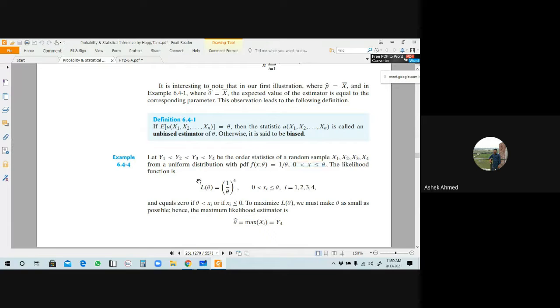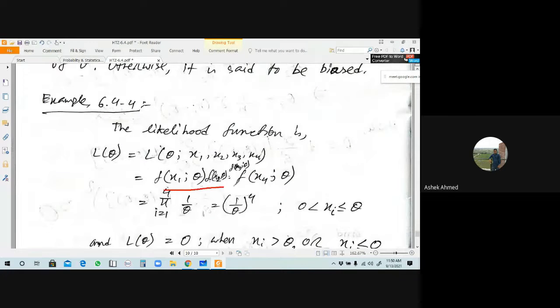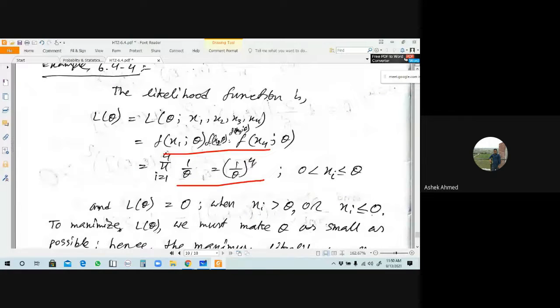For that case, the likelihood function will be of this form. I have already written this term in this way. That will be this term, 1 by theta whole to the power 4. And from here we can say this holds when the value of xi is from 0 to theta. And L of theta is 0 when xi is greater than theta.